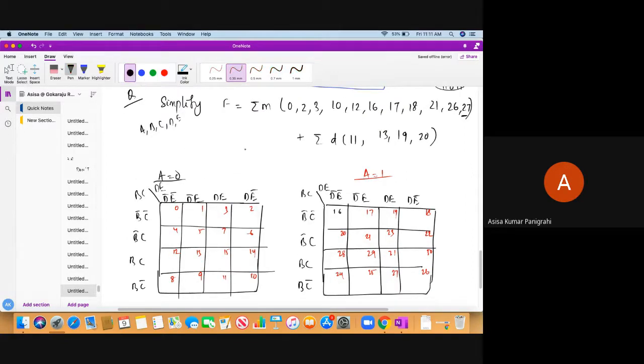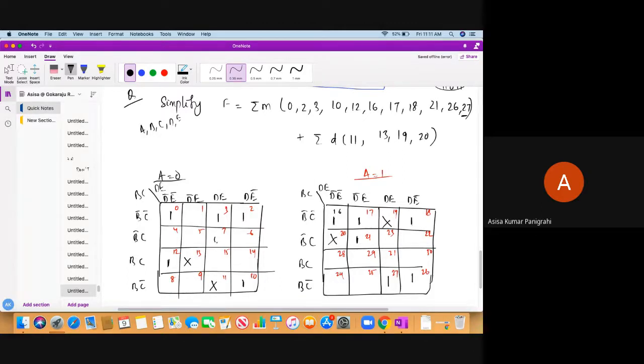So I have present 0, 2, 3, 10, 12, 16, 17, 18, 21, next 26, 27, and don't cares 11, 13, 19, 20.